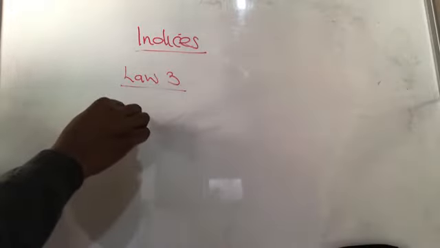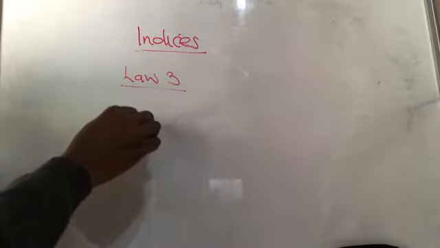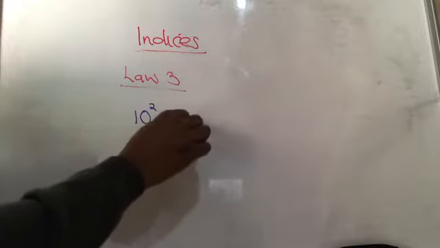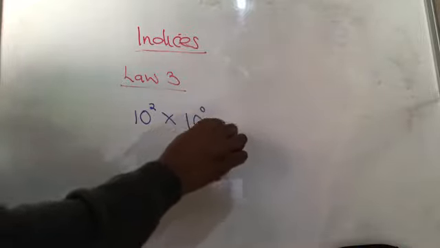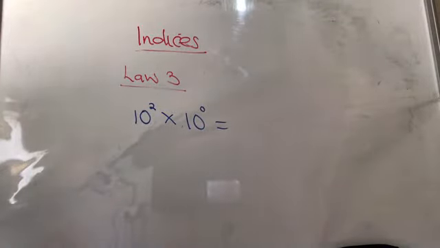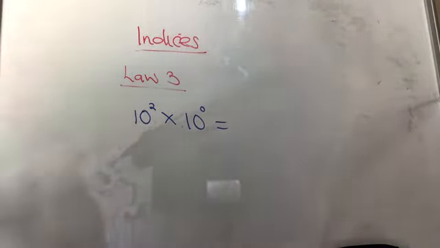Remember I said 10 raised to the power of 2 multiplied by 10 raised to the power of 0. This question can be solved using law number 1. So that's method 1.